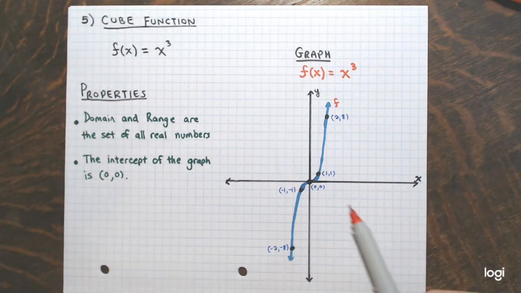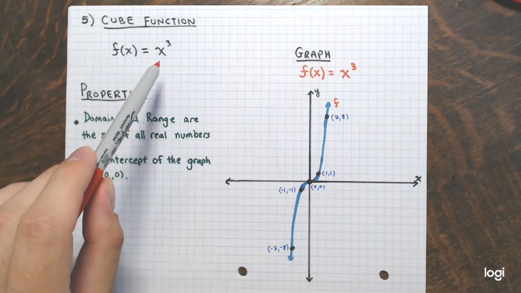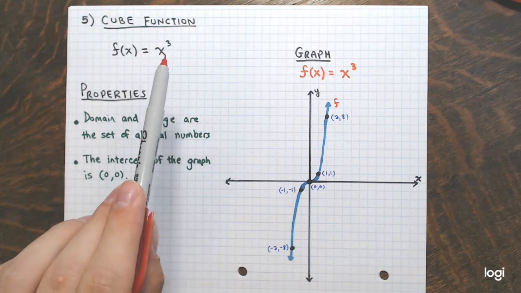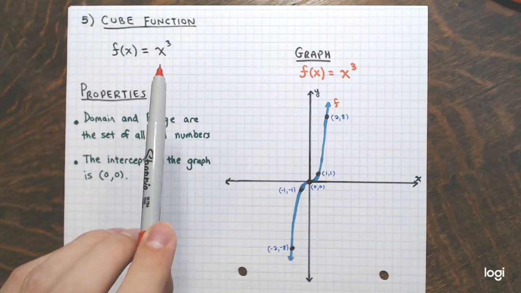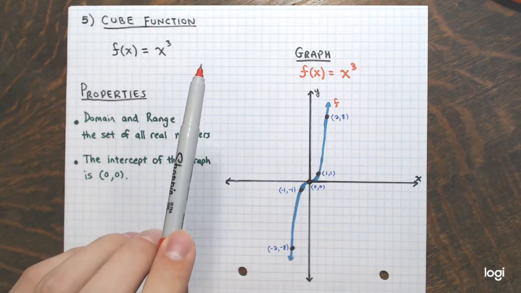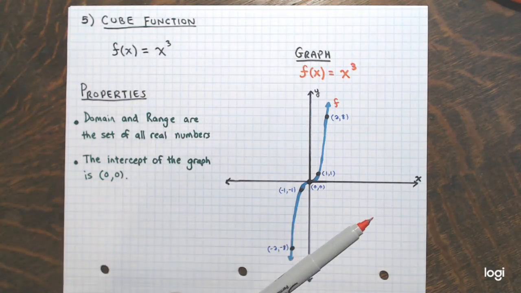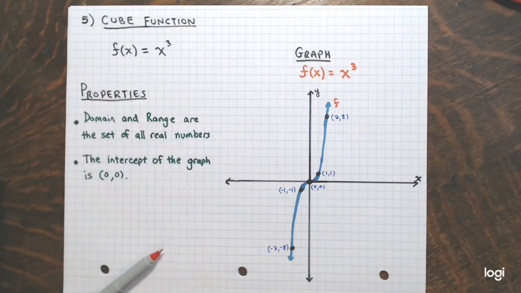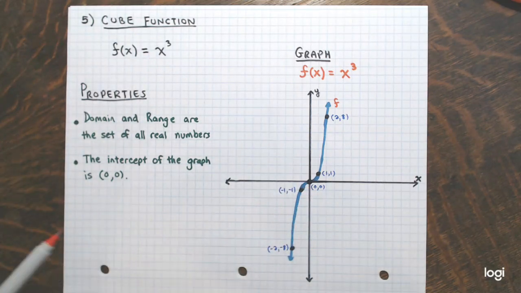And then, as I said with the square function, the reason you're learning about this basic cube function, just y equals x cubed, is so that later, when you're looking at more complicated functions where the third power is the highest power, say 2x cubed minus 5x squared plus 4x minus 3, some crazy polynomial, you'll be able to graph a function like that starting from this basic one and then transforming it.